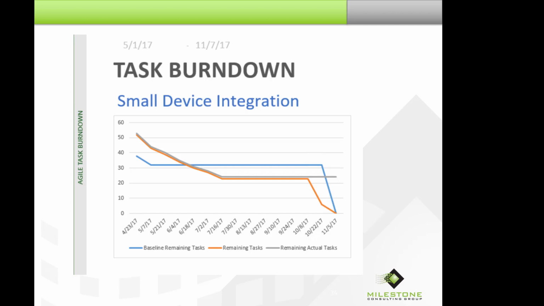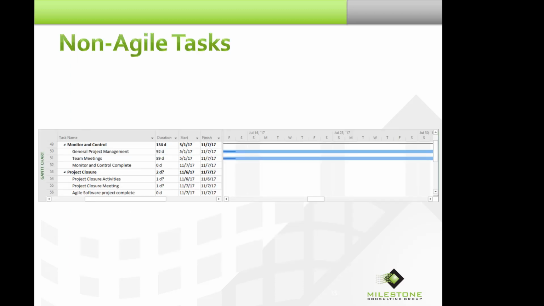That's one report that is not native to Microsoft Project, nor could we develop it without using custom programming. But Excel does a great job of graphing, so we recommend just collecting the data and exporting to Excel. Remember that for this project, we've got some non-Agile activities that are going on.